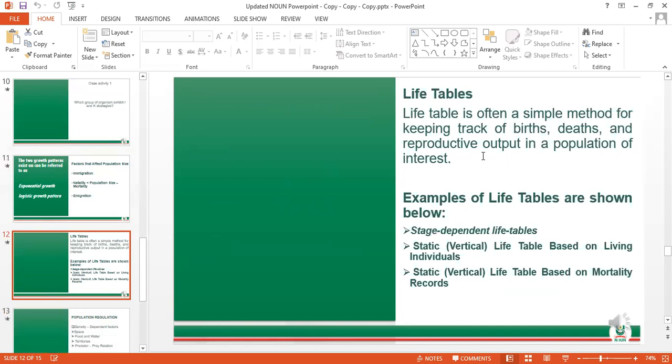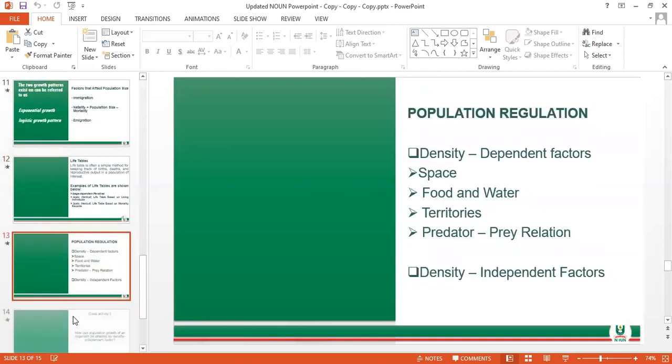A life table is a simple method of keeping track of births, deaths, and reproductive output in a population of interest to us. We have the stage-dependent life table, the static life table based on living individuals, and the static life table based on mortality records. Those are the 3 major examples of life tables.